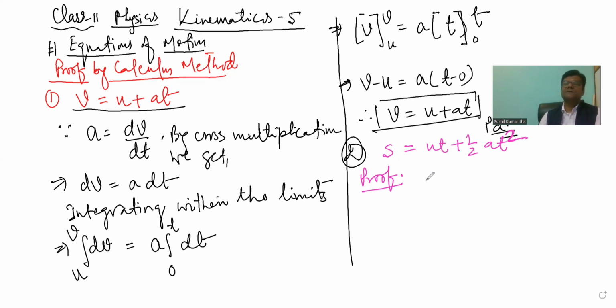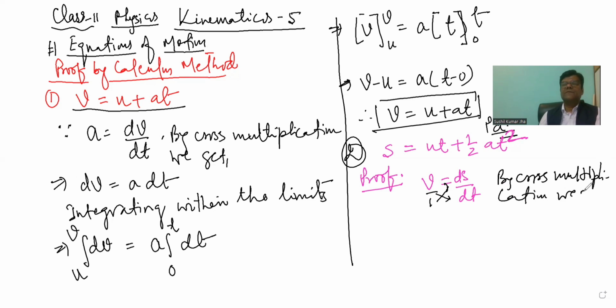So we start with the formula of speed, which is v is equal to ds upon dt, and then we do cross multiplication. By cross multiplication we get ds is equal to v into dt.